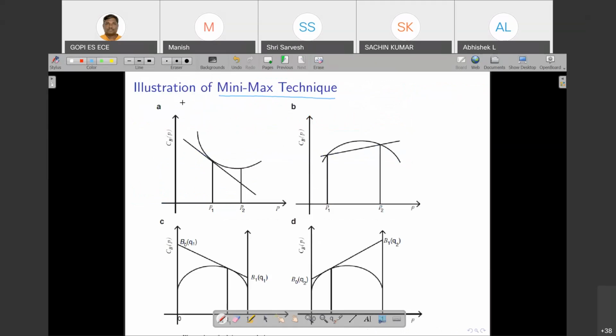And as you know, once it is designed, once this gamma naught and gamma 1 is freezed, right, your Bayes cost, right, is actually going to vary linearly with the prior probability. So this is that prior probability. What you see in this graph is the x-axis is the prior probability, deviating prior probability, we can say, right?